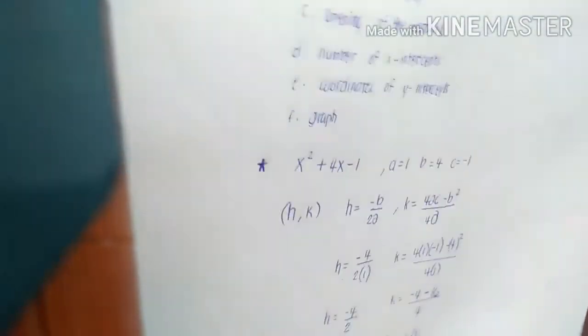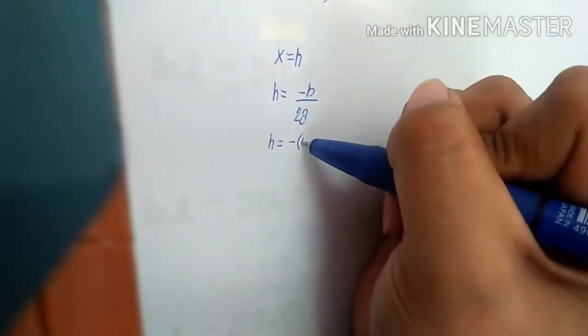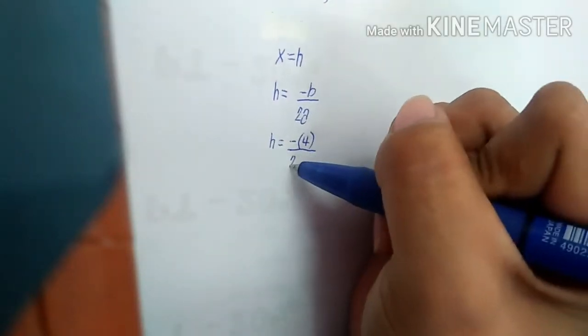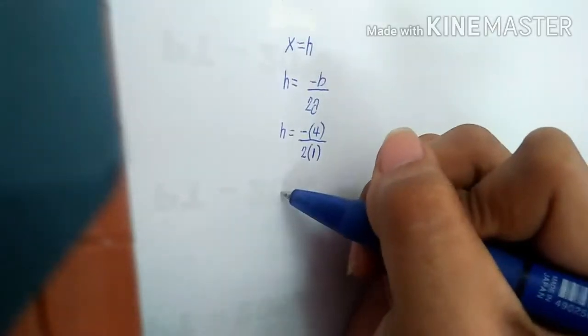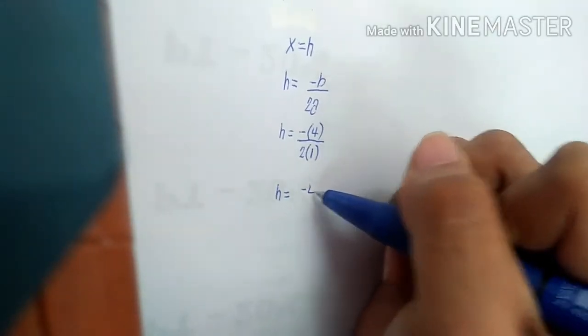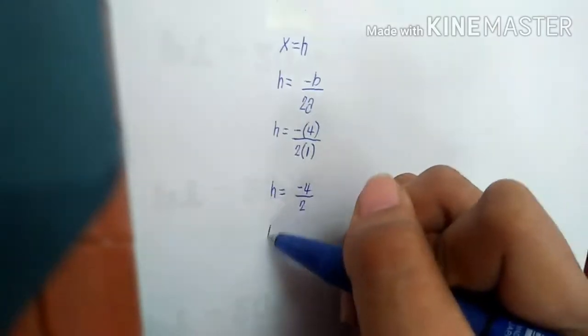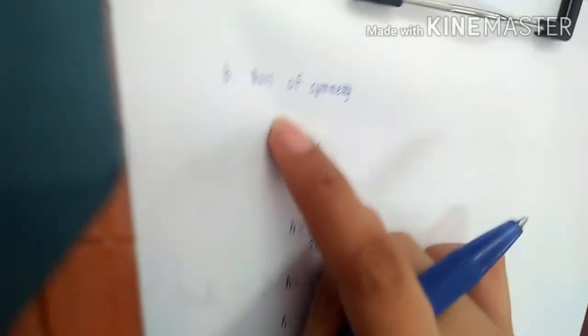Our B is 4, right? So this will be negative 4 over 2. What is the value of our A again? 1, right? So H is equal to negative 4 over 2. So H is negative 2. Just copy the H here. It's negative 2. So we have the axis of symmetry already.